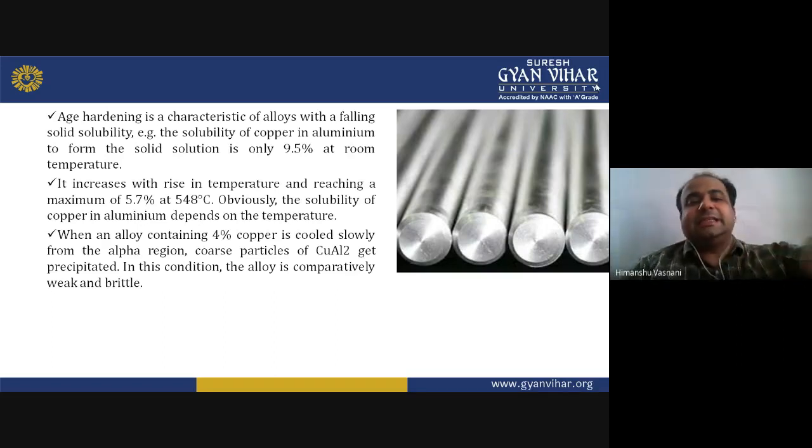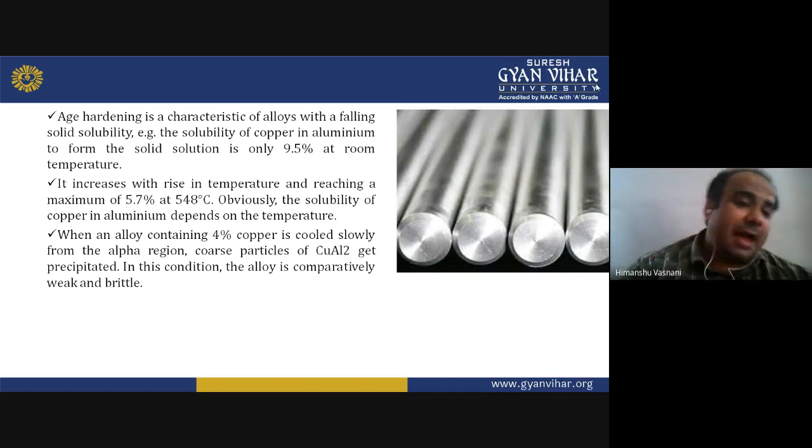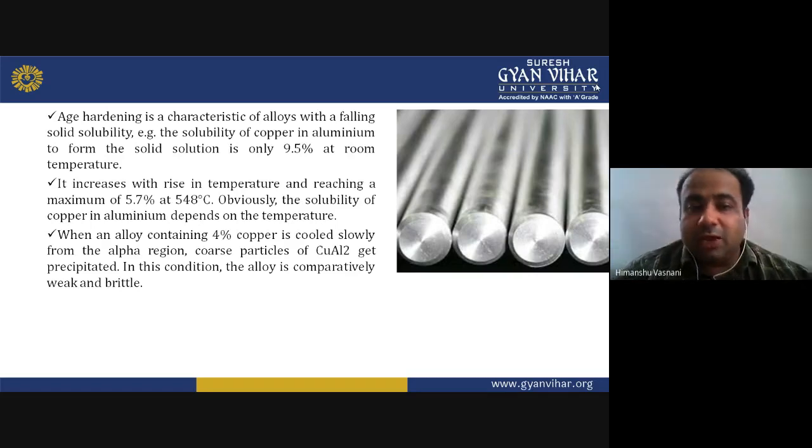It increases with rise in temperature, reaching a maximum of 5.7% at 548 degrees centigrade. Obviously, the solubility of copper in aluminium depends on the temperature.